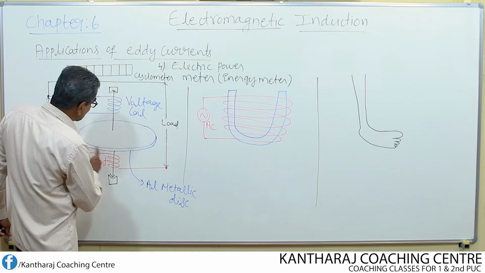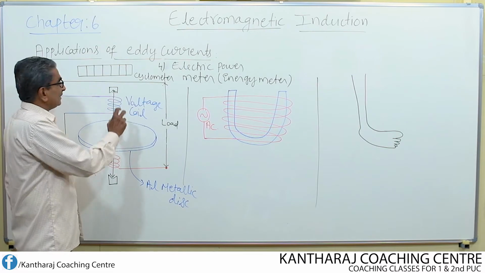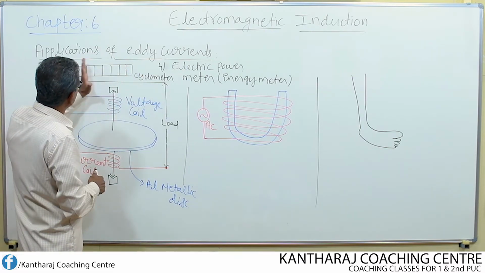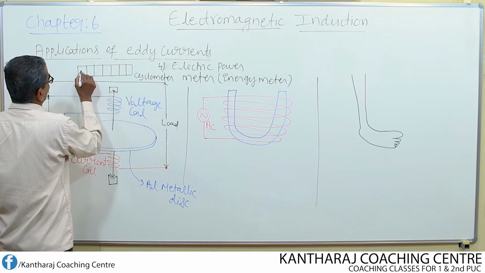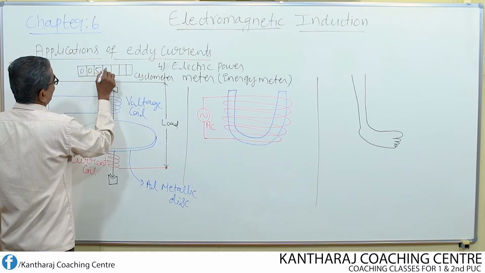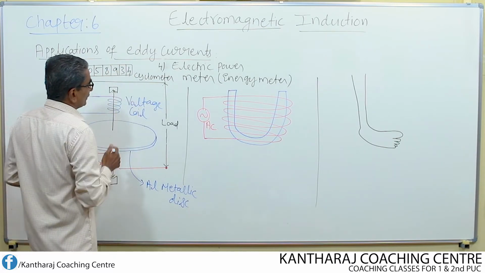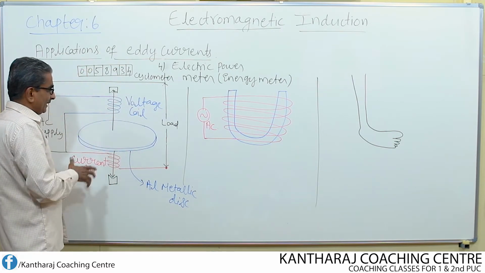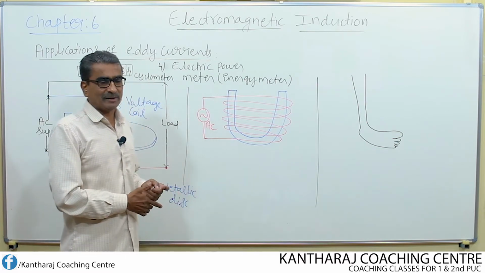When the disc begins to rotate, how many revolutions it makes can be found out by means of the numerical display here. Some digits are displayed here, for example 0, 0, 5, 8, 9, 3, 4. This count is nothing but the number of revolutions made by the disc, either for 1 minute or for 1 hour, whatever it may be.